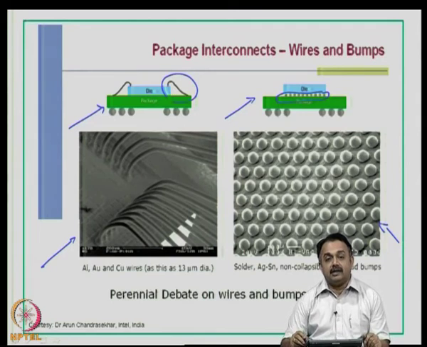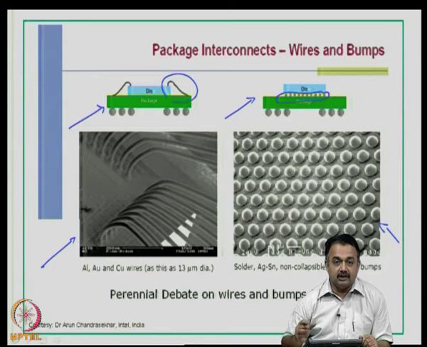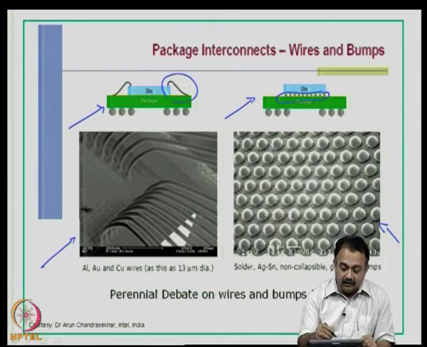So, now the question that many people debate is, which is better, whether you need to use wires or bumps. So, wires have been there for a long time, right from the dip package to QFP, but as the size diminishes, using a wire bonding becomes a problem because of the height factor, the profile of the package.